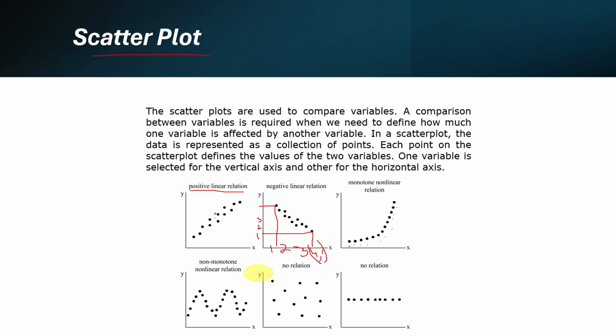There is no relation between any point and anything. There is also no relation when the points are going in a straight line, either in this direction or in this direction, because obviously you can't define the data. There is no relation between the x-axis and y-axis, between the two variables.